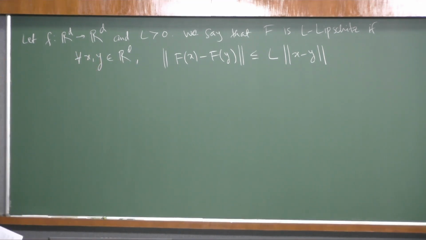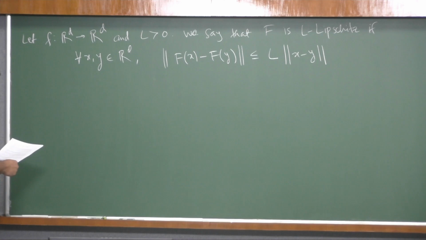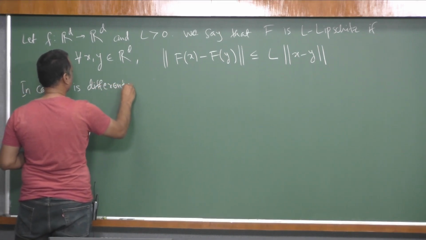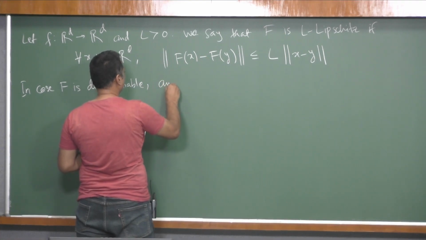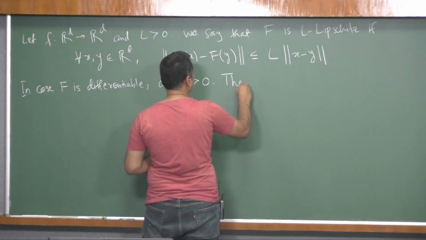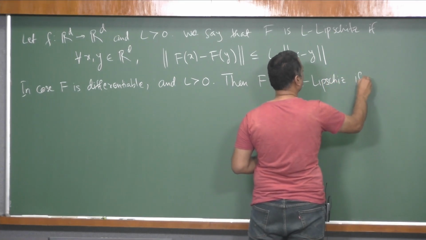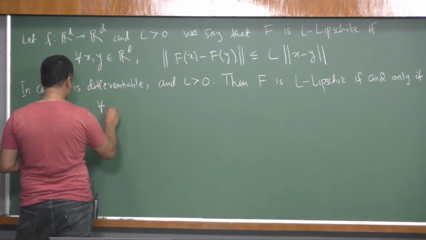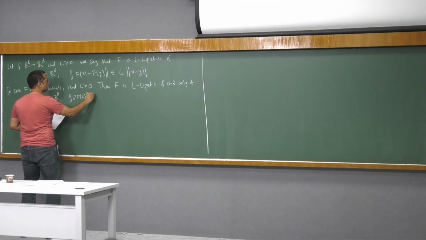So this is equivalent to saying that if f is differentiable, then the gradient of f is bounded by the constant L. So in case f is differentiable, meaning the gradient exists, then we can write an equivalent statement: for L greater than 0, f is L Lipschitz if and only if the gradient of f is bounded, for all x in R^d, the domain, the norm of the gradient of f(x) is less than or equal to L.